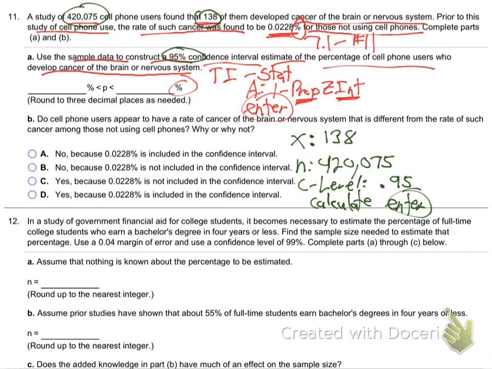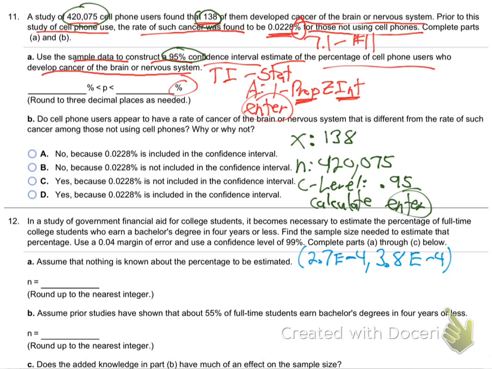And when you do, here's the numbers you get. I got, in parentheses, 2.7 E minus 4 and 3.8 E minus 4.